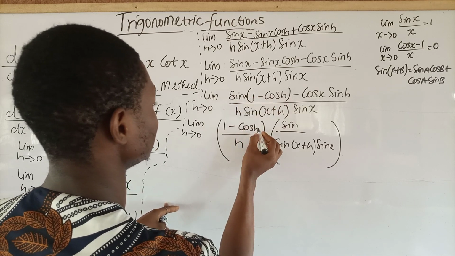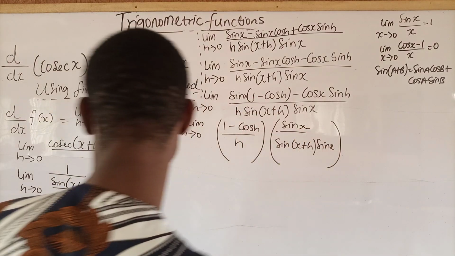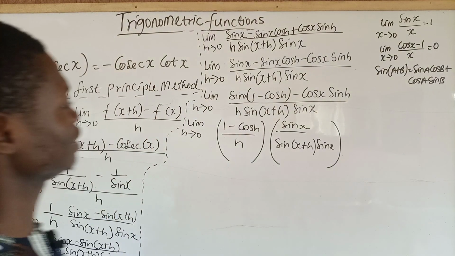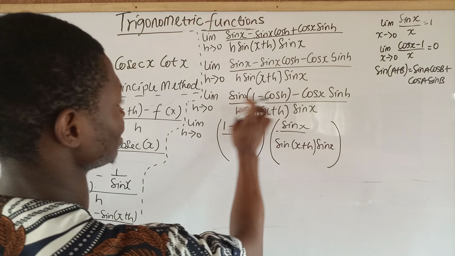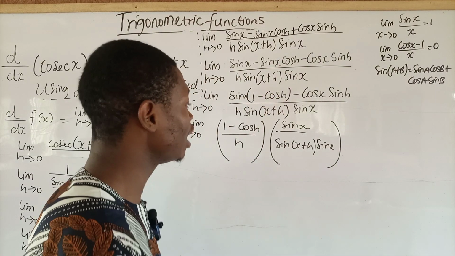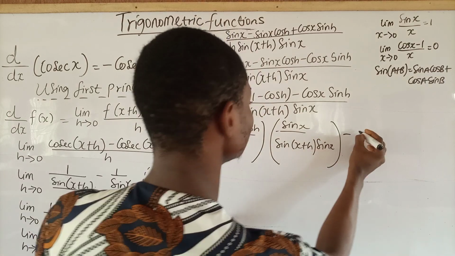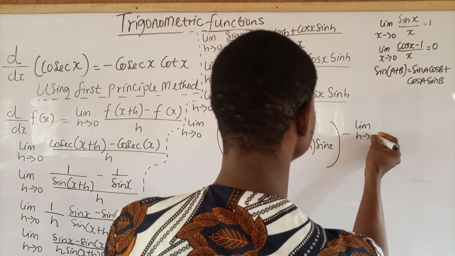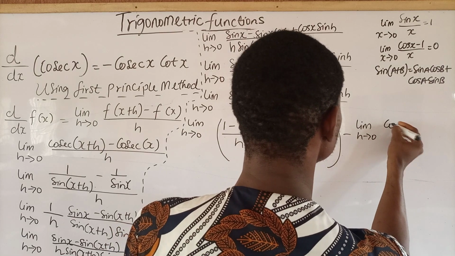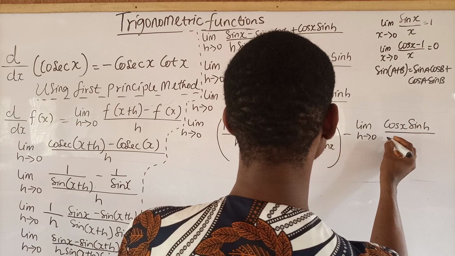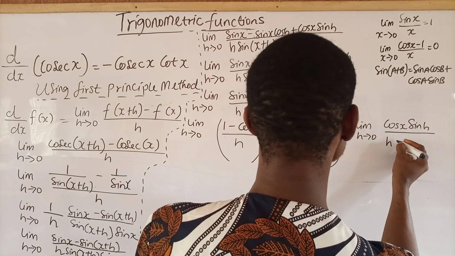Sine x is there, so multiply, get back. So we are going to have minus. Remember to always put your limit: the limit as h approaches 0 of cos x sine h all over h.